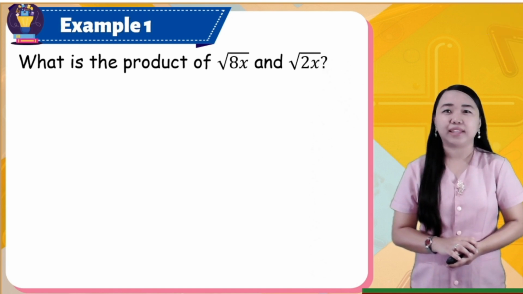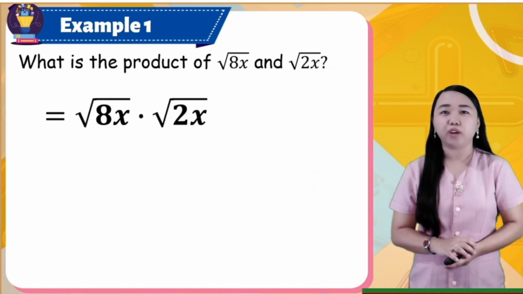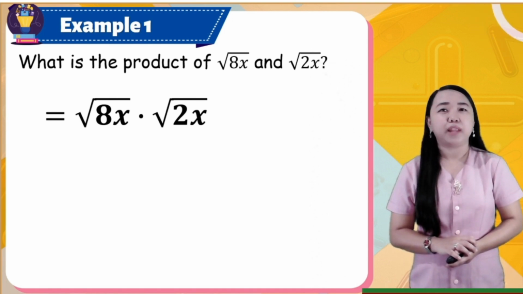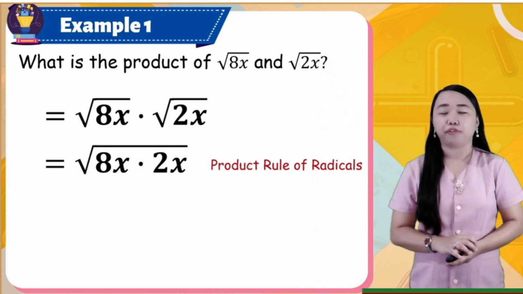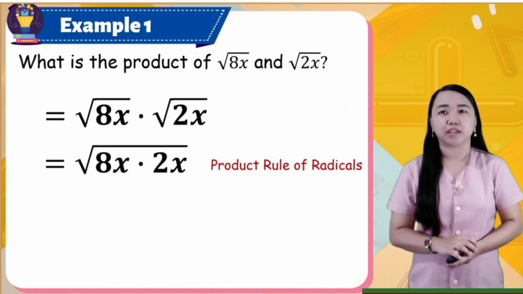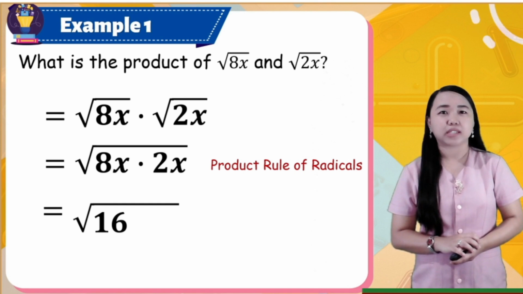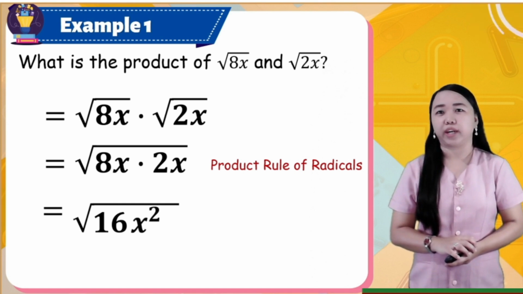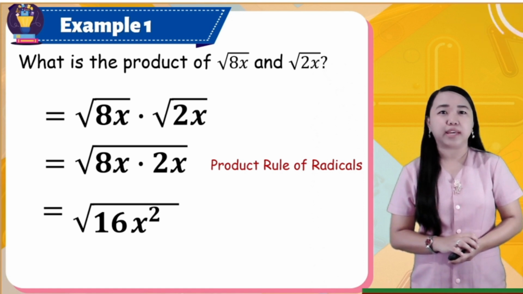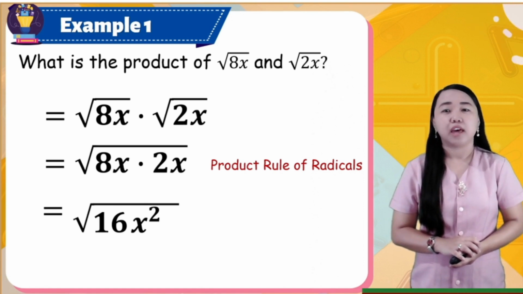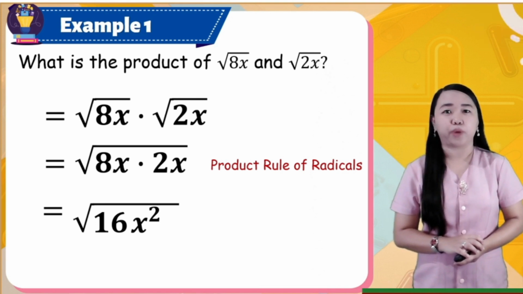Applying the product rule of radicals, we have square root of 8x times 2x. 8 times 2 is 16, and x times x becomes x squared because we add their exponents using the product rule of the laws of exponents. Therefore, we have square root of 16x squared.